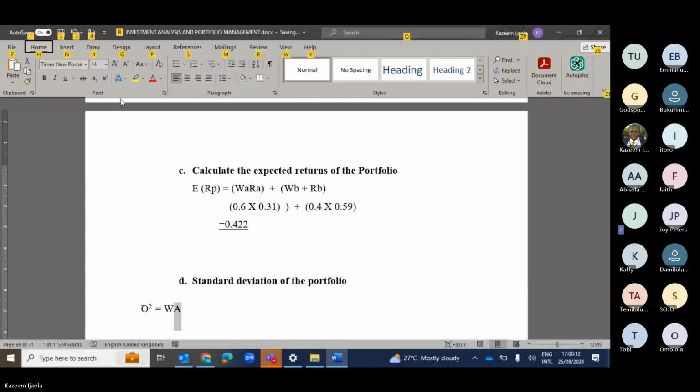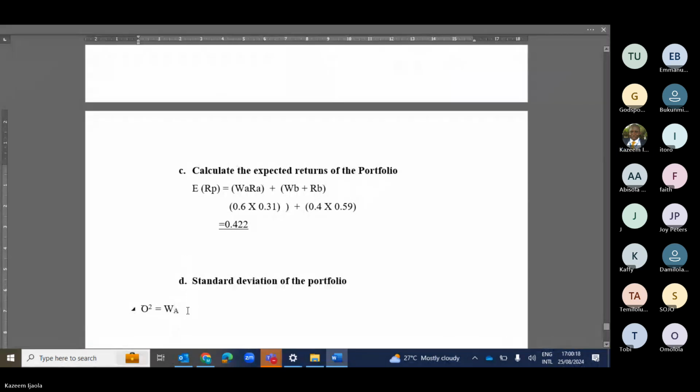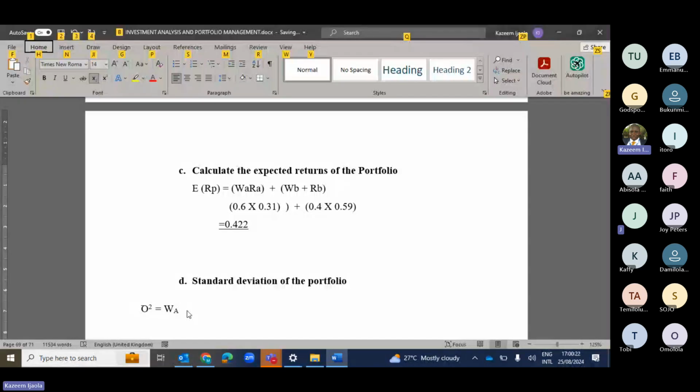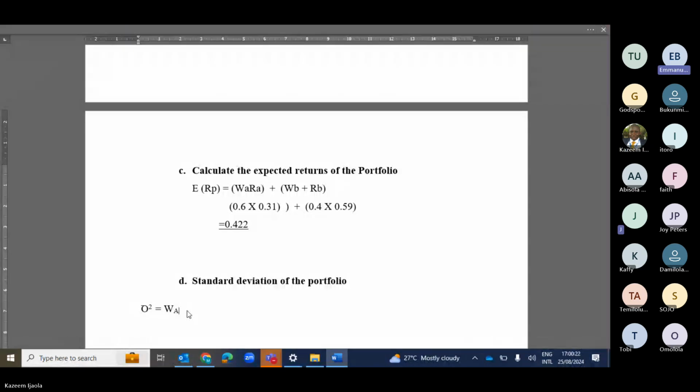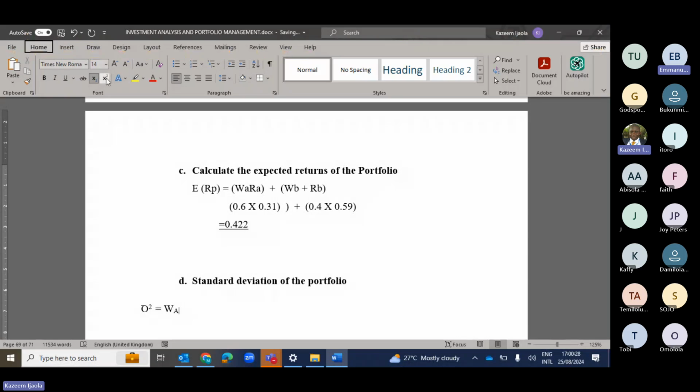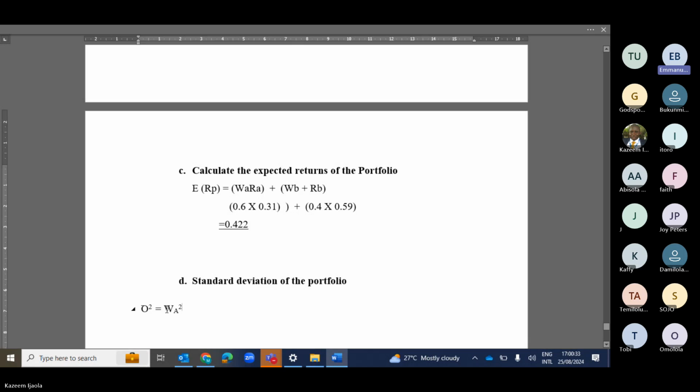I don't think it has square now, did it? You mean it doesn't have square? The first one you wrote. Now Kazim, the formula that you wrote here is the variance. The variance, the weight has square now. Then after getting the variance, you now root the variance to get the standard deviation.